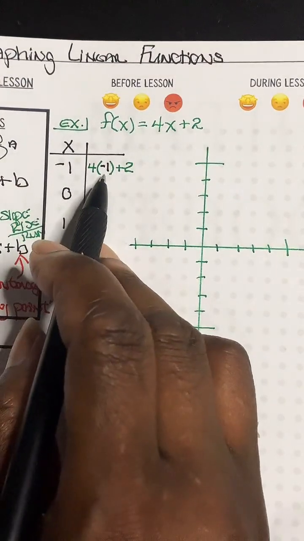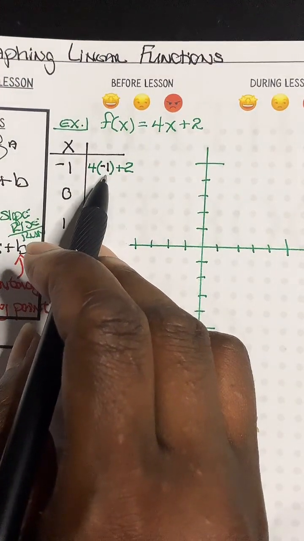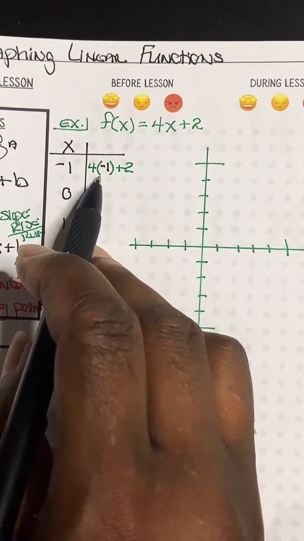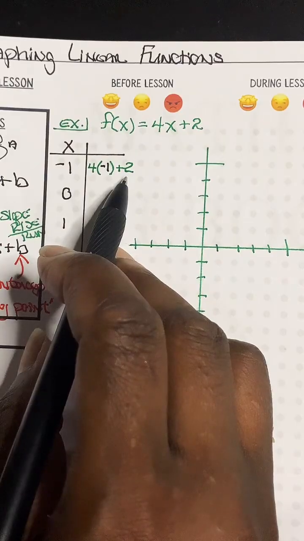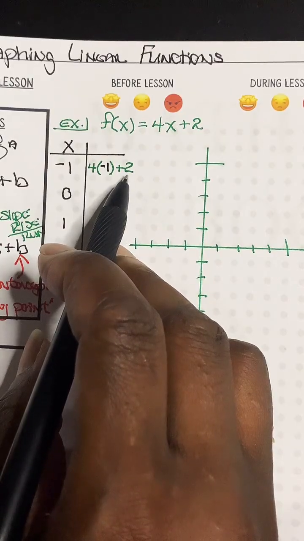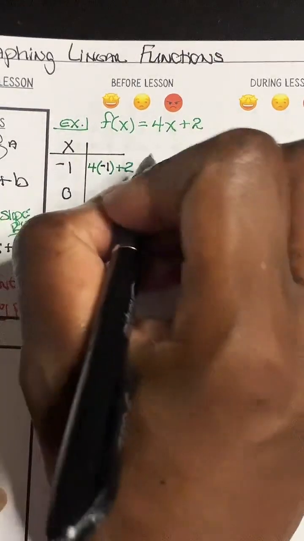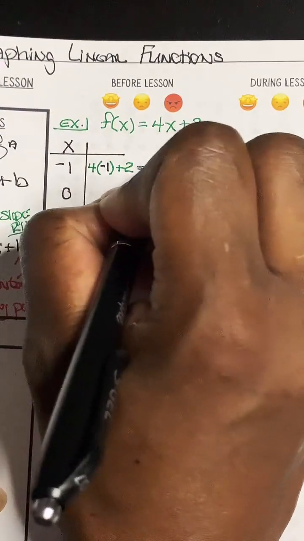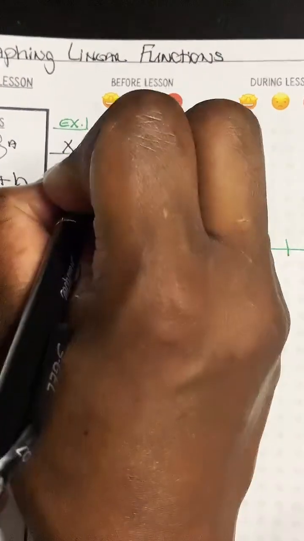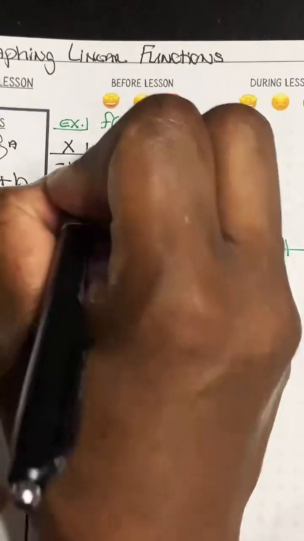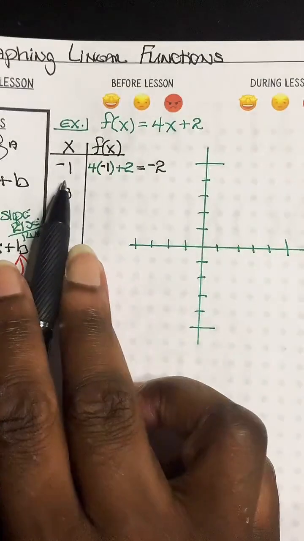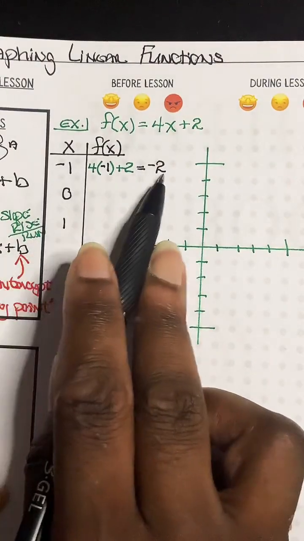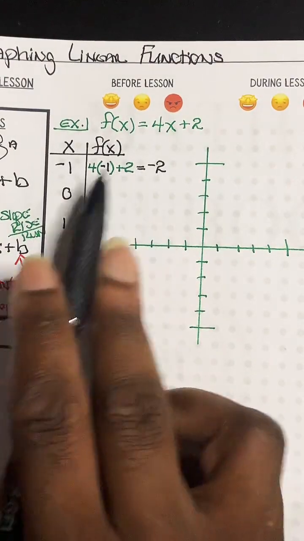So 4 times -1 will give me a -4. And then -4 plus 2, just like what Boston Runner 98 is saying, will give me a -2. So the coordinate for that point is -1, -2.